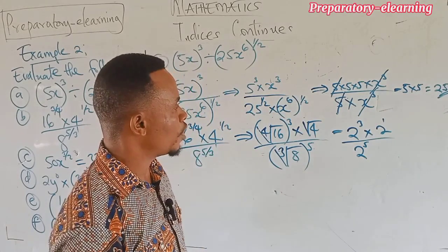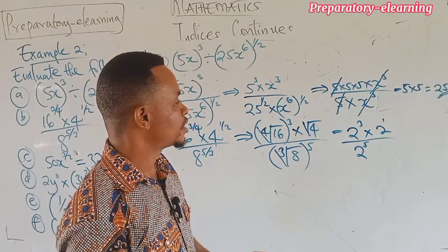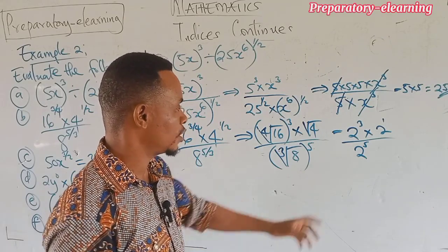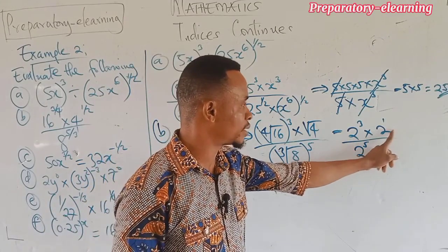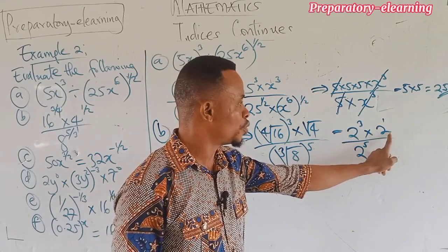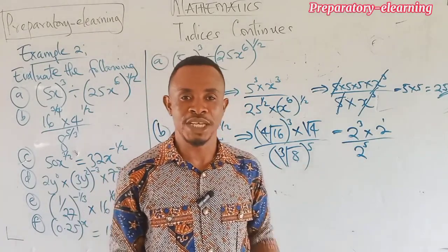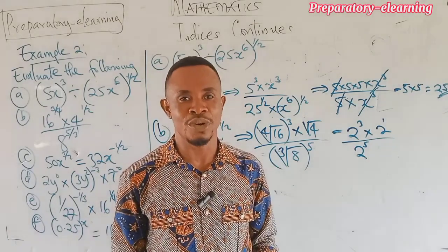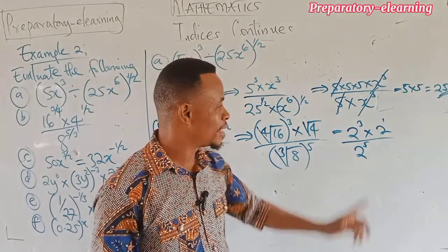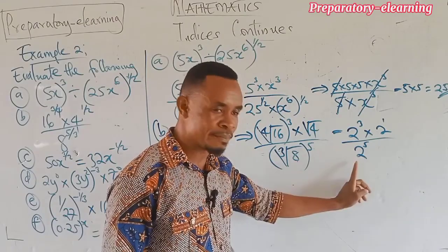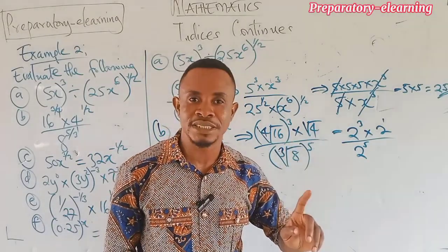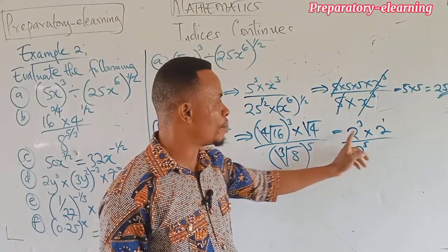Now, how do we move on to solving that? Since we have all the same base, 2 here and 2, we can easily combine our multiplication law and our division law, in as much as the bases are the same. If the bases were not the same, you don't combine all the laws together.